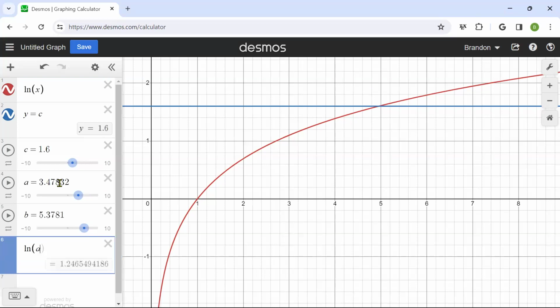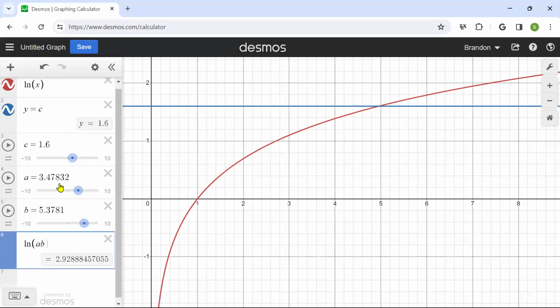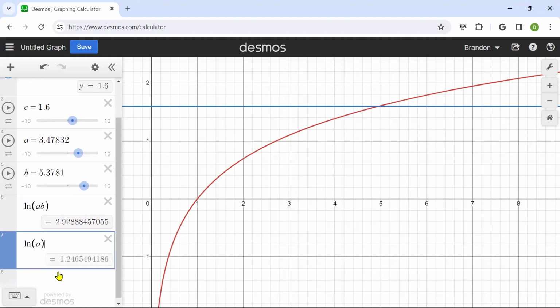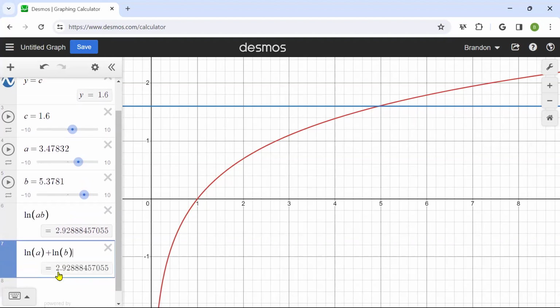I can ask Desmos, what is natural log of a times b? It says it's 2.92888. And if I do natural log of a plus natural log of b, by golly, I get the exact same answer. Isn't that remarkable?